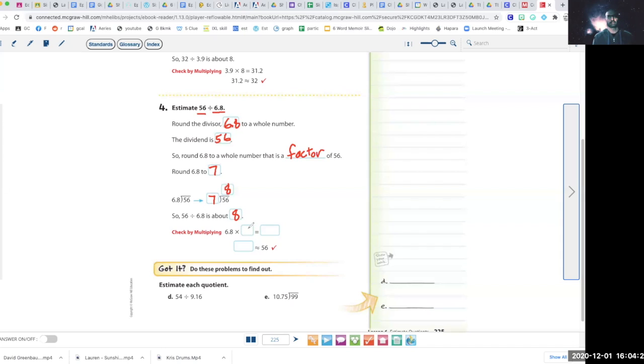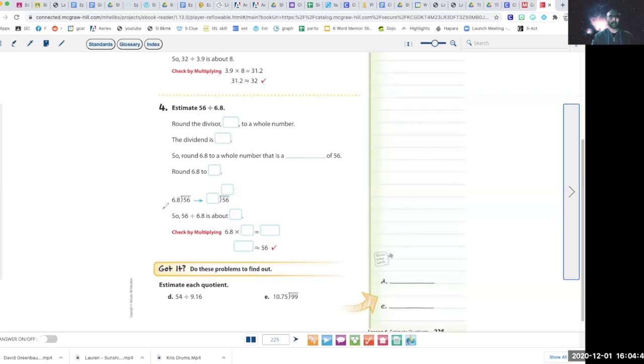If I really do this, 6.8 times 8 is 54.4, which is close enough. So I know that 54.4 is about 56. Okay, so hopefully you get that.